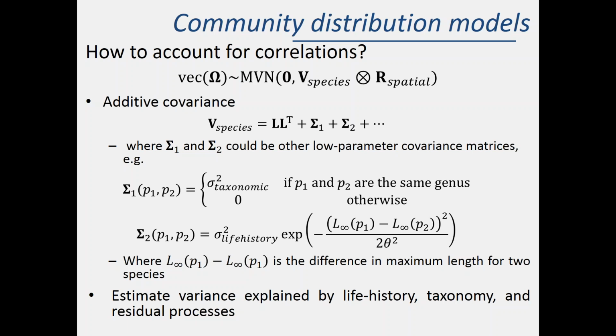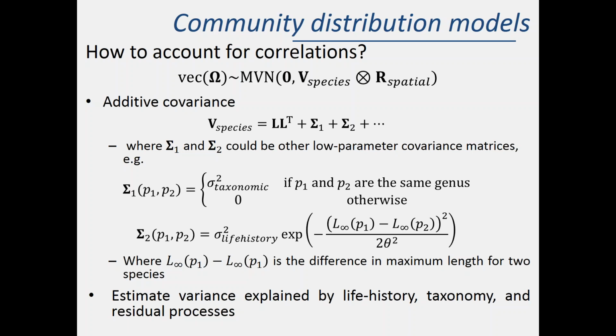And in this case, you could say that one of these sigmas is this taxonomic similarity. So you could say that the covariance matrix has a certain value if two species share the same genus or family, and is 0 otherwise. And so that would be the portion of covariance that's due to taxonomic similarity.